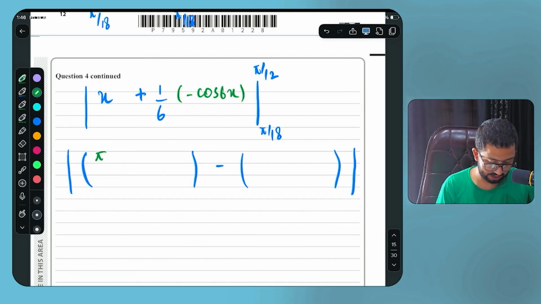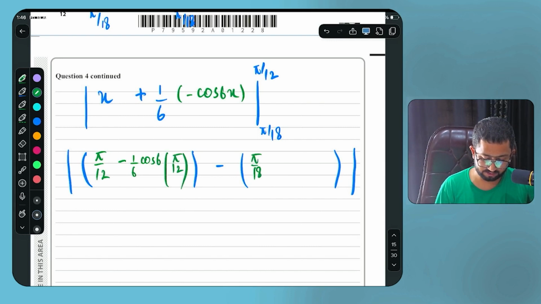Be careful. Upper limit: pi by 12 plus 1 by 6, minus 1 by 6 cos of 6 pi by 12, minus the lower limit: pi by 18 minus 1 by 6 cos of 6 pi by 18.